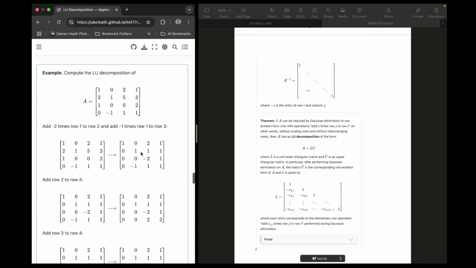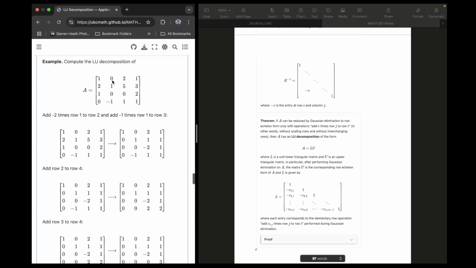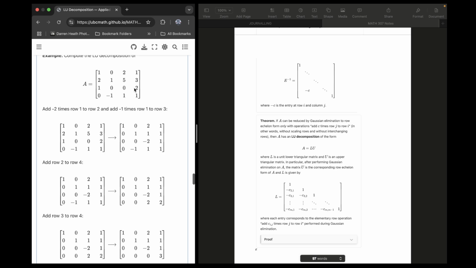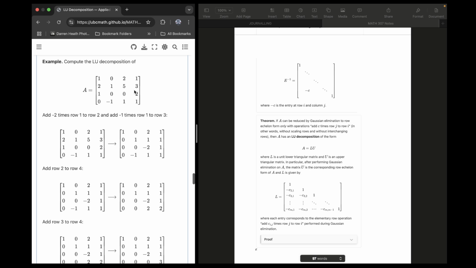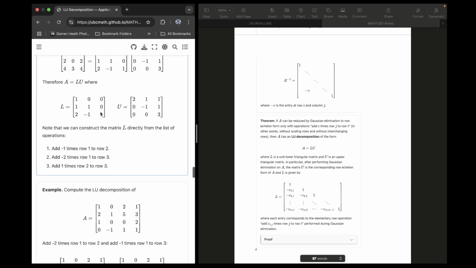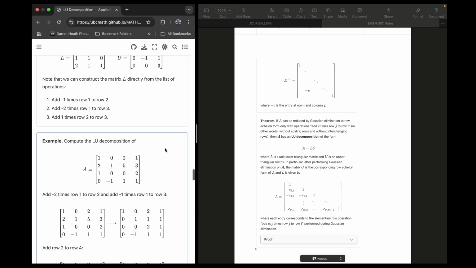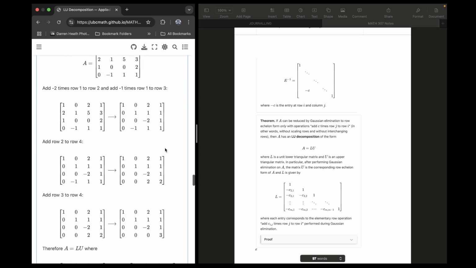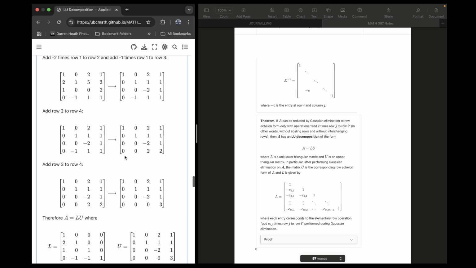So we compute the LU decomposition of this matrix. Oh, so we want the lower, this is lower, right? Lower, upper. We want to create an upper matrix. That means you have to make a lower first.